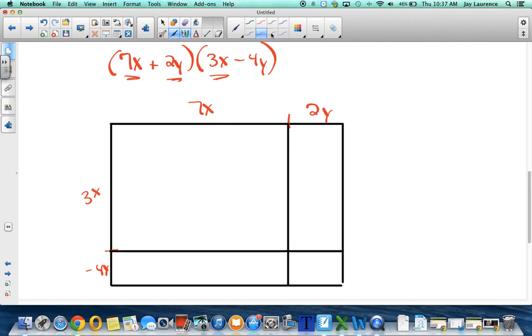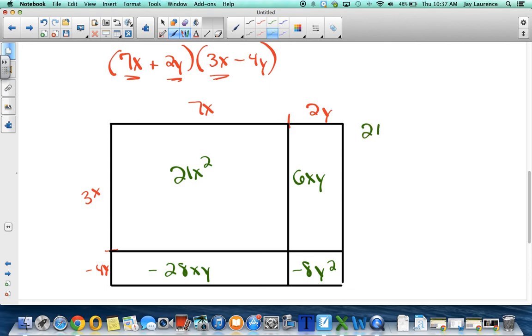All right, so I'm going to multiply the 3x times the 7x, get a 21x squared. I'm going to multiply 3x times 2y, get 6xy. Negative 4y times 7x, negative 28xy. And then negative 4y times 2y will be negative 8y squared.